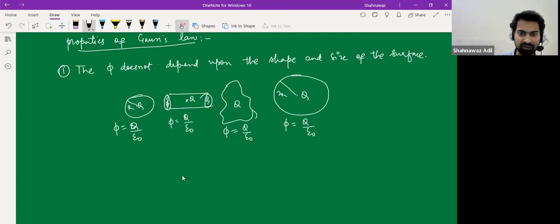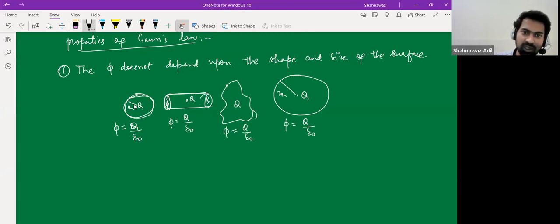Yes, guys, understood. Could you explain again? Yeah. So the flux through the surface, according to Gauss law, does not depend upon the shape. This is a spherical shape, this is a cylindrical shape, and this is a random shape. For all these shapes, the flux would simply be q enclosed by epsilon naught.